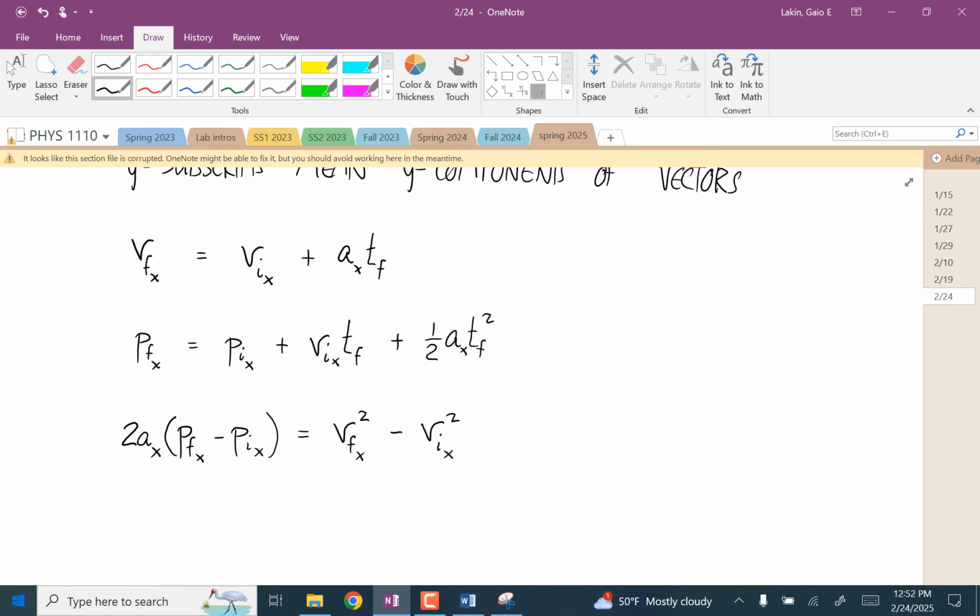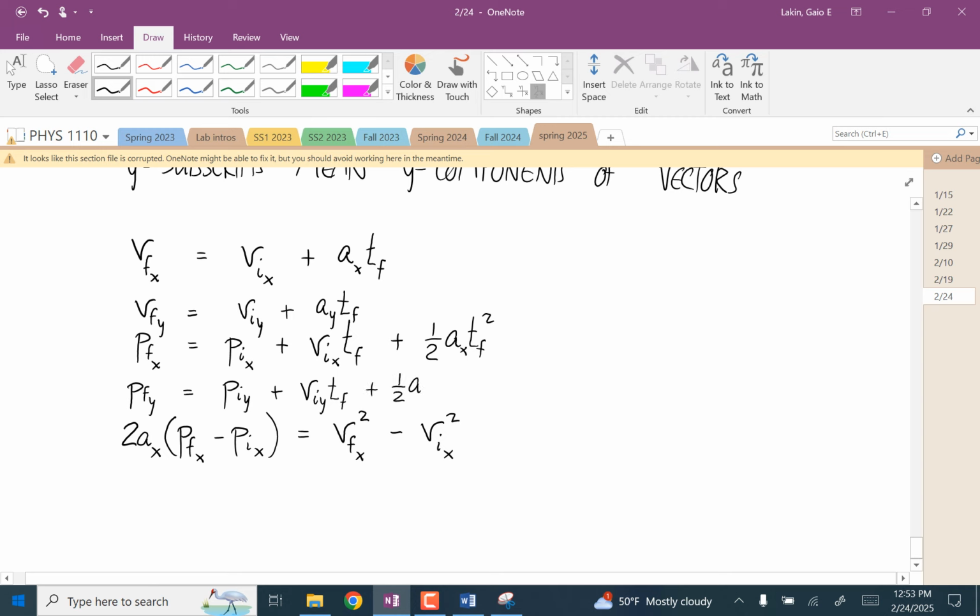So there's an equation here, VFY is equal to VIY plus AY times TF. There's an equation here that says PFY is equal to PIY plus VIY TF plus 1/2 AY TF squared.